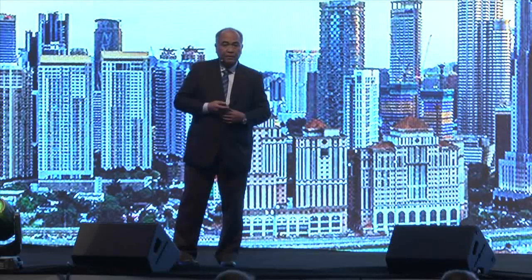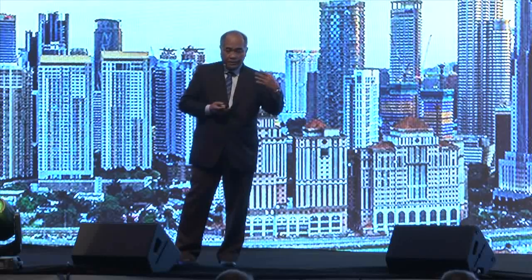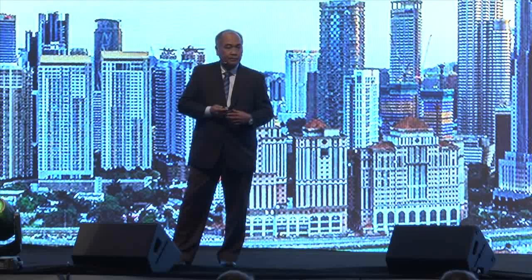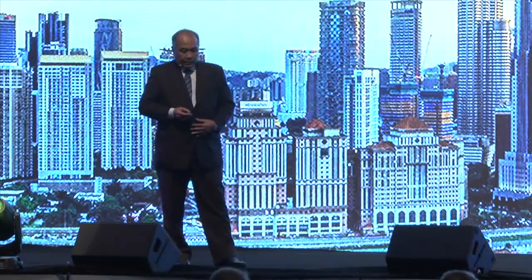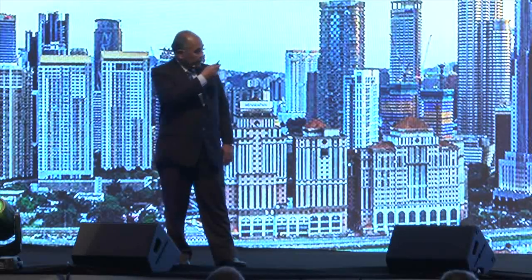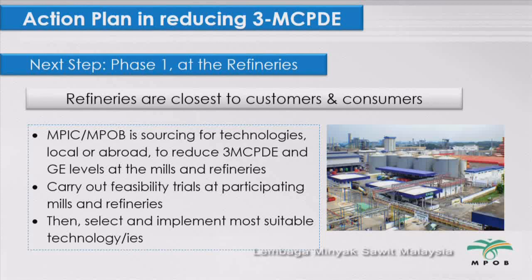Together with Pemandu, we've been brainstorming, and also with parties such as the Ministry of Plantation Industries and Commodities. Next step is the detail of phase 1, phase 2, and phase 3. First, of course, we are targeting the refineries because this is the end product within the supply chain.